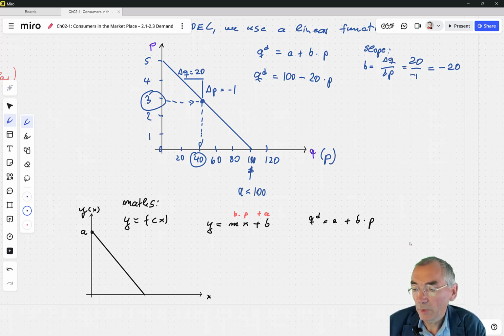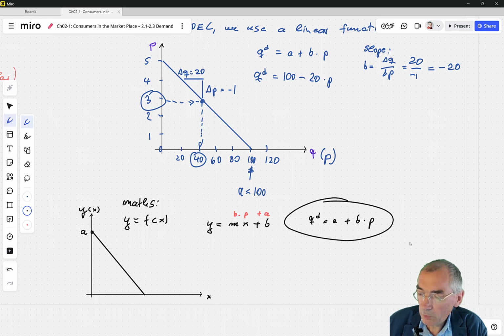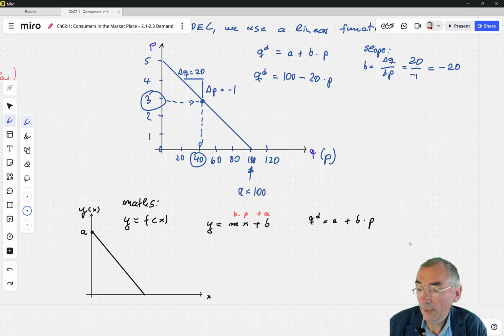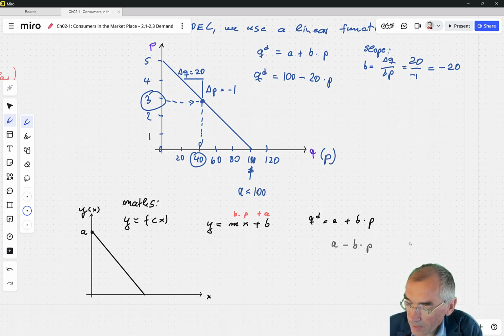The second thing that we look at is the function that we have been discussing, quantity demanded is a plus b times p. But with our law of demand, where we know it's negative, why don't we just write it's a minus b times p? This is mathematically correct.